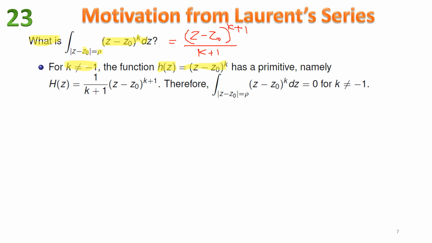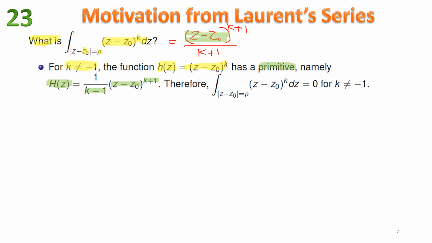It has a primitive, and that primitive is named capital H of z, which is equal to (z minus z0) to the power k plus 1 upon k plus 1. So this quantity I'm talking about.